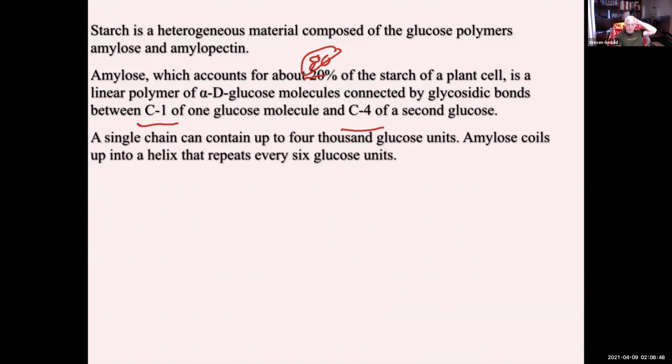A single chain connects with 4,000 glucose units, and then it coils around itself to form a helical structure. Amylose coils up in a helix, repeating about every turn, with roughly 6 glucose units. So it can connect to 4,000 glucose units, which is a long linear chain.